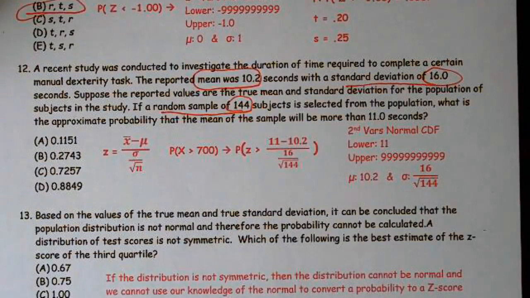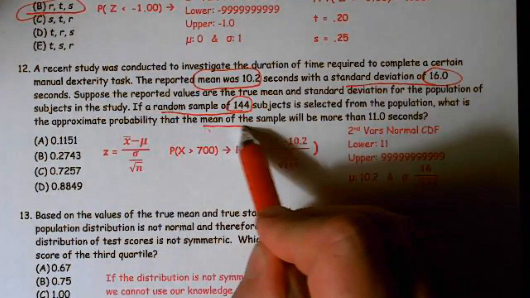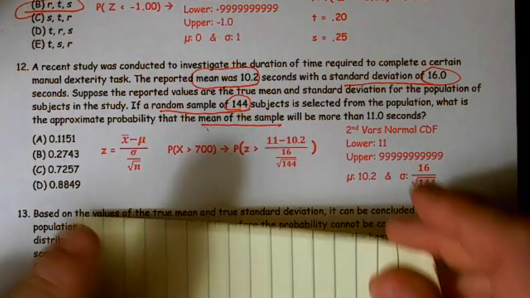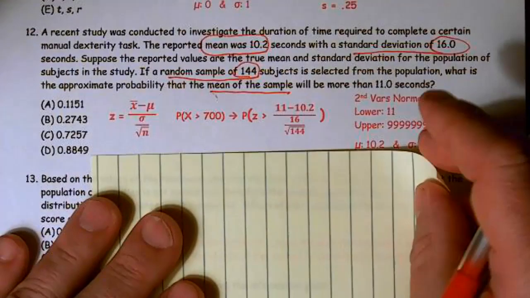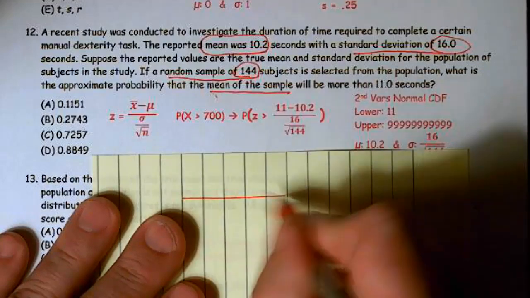Well, they didn't tell us the underlying distribution is normal, but we're talking about the mean. And since we're talking about the mean, the distribution of the means is normal by the central limit theorem for n greater than or equal to 30. So we're going, okay, normal by central limit theorem. And remember, the mean is the mean is the mean.